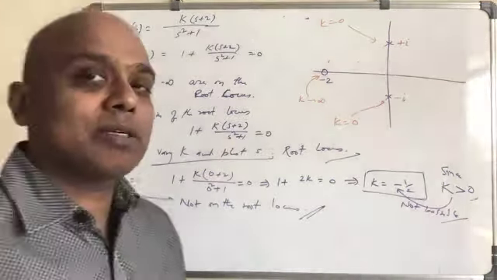If you want to check whether s equal to minus 2 is on the root locus, you write k in terms of s, so k equals minus (s square plus 1)/(s plus 2), and then we put s equal to minus 2 here. k becomes minus, and here s square becomes 4 plus 1, and here we have 0.